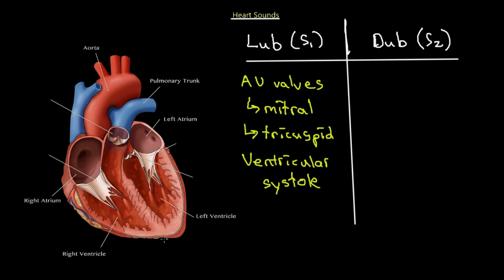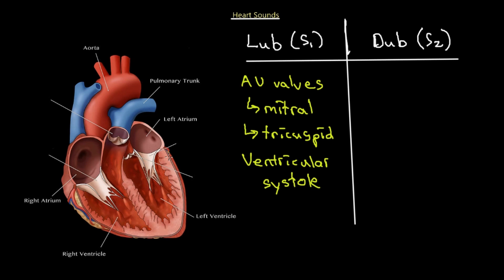You want all the blood flowing out of there into the aorta and the pulmonary trunk. You don't want the blood flowing back into the atrium, so they're going to shut. As soon as ventricular systole begins, you get the sound of lub, where you have the AV valves, mitral and tricuspid. They're going to be shut. That's where the sound comes from. So if you put a stethoscope onto the heart.